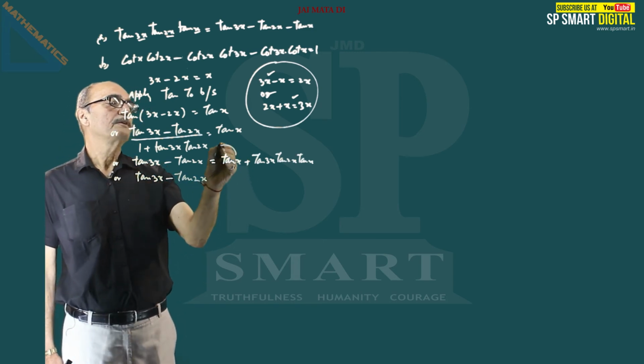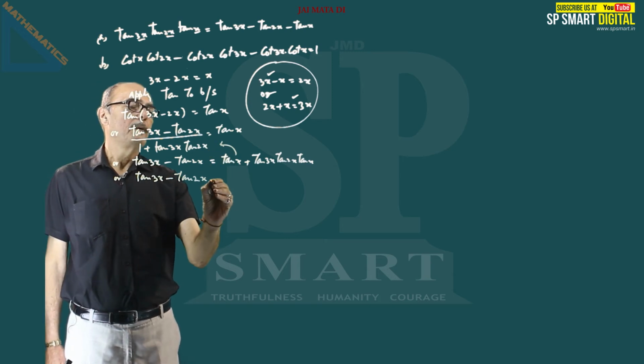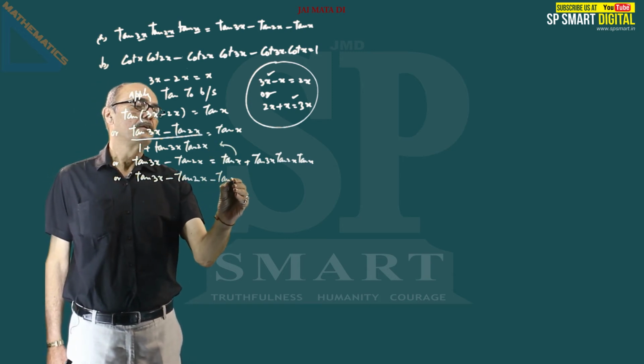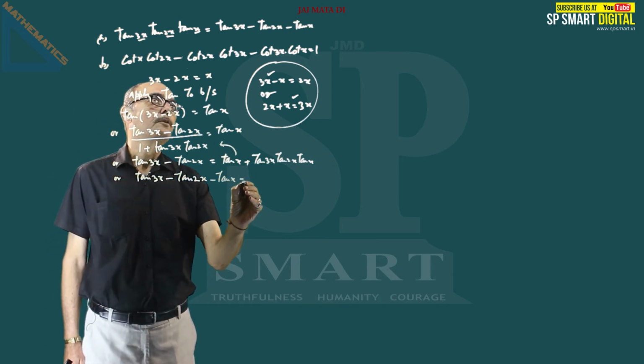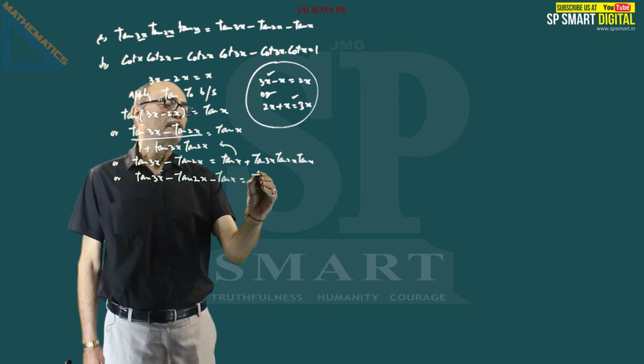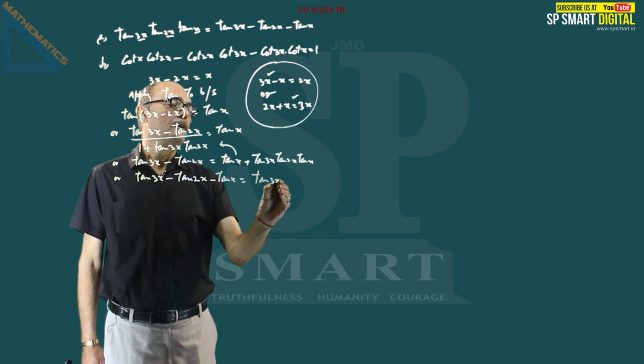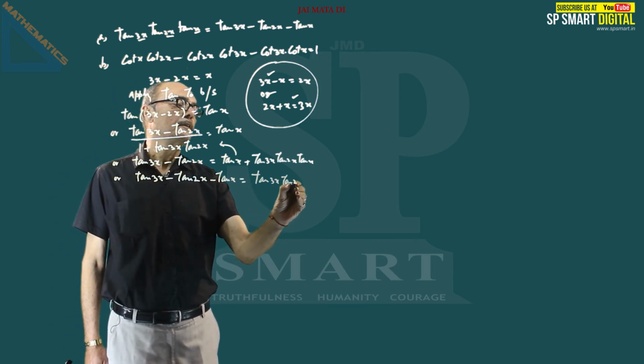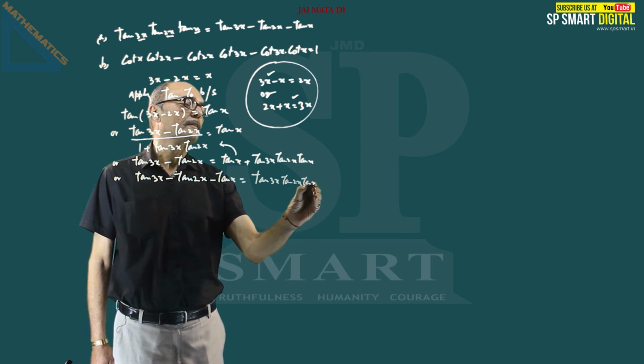Bring this tan x to this side: tan 3x minus tan of 2x minus tan of x equal to tan of 3x, tan of 2x, and tan of x.